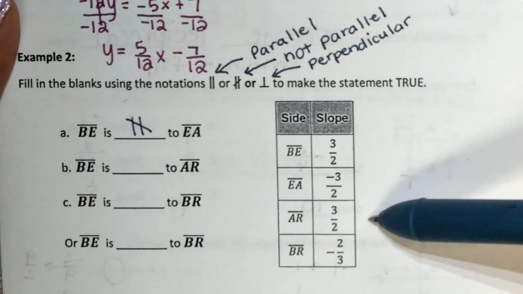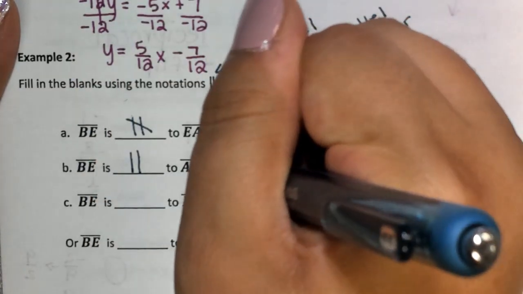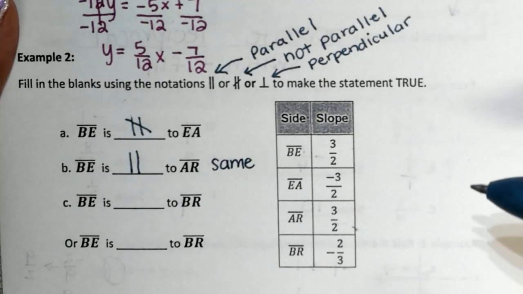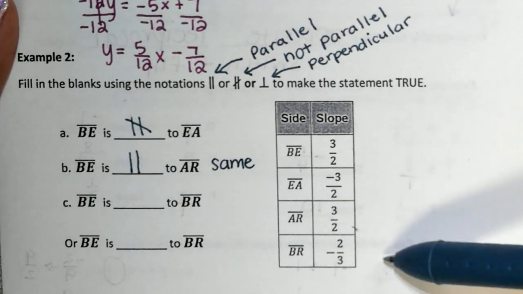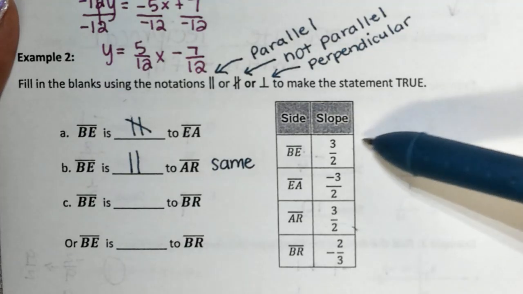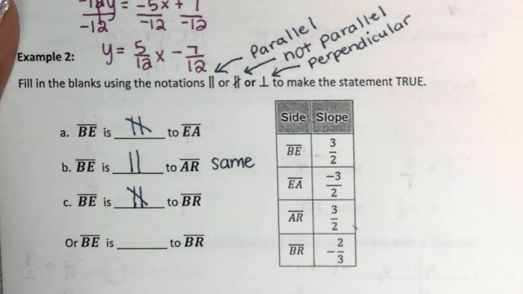Let's look at BE and AR, the slopes. Parallel. Why are they parallel? Because they are the same. So I'm just going to do parallel. What about BE and BR? Are they the same? No. So since they're not the same, right away I'm going to say they're not parallel.